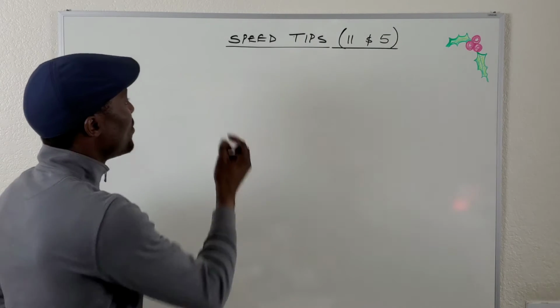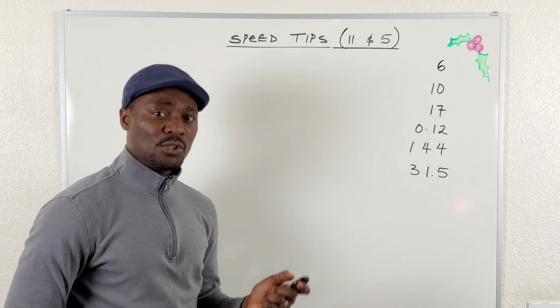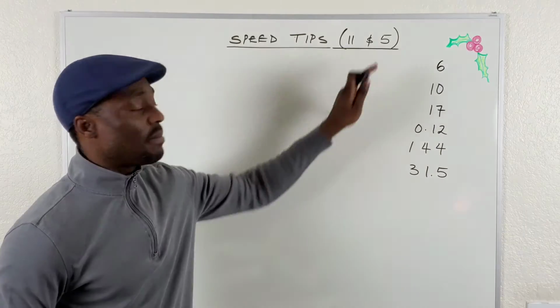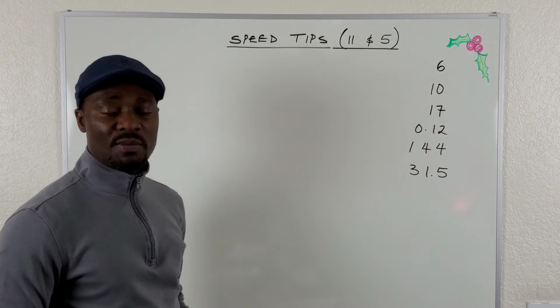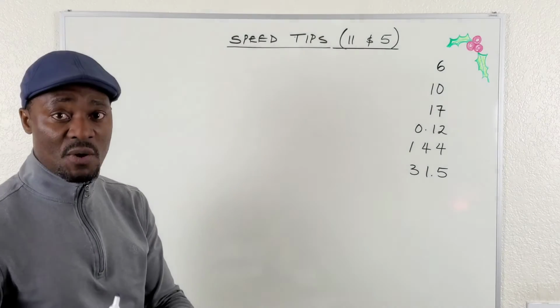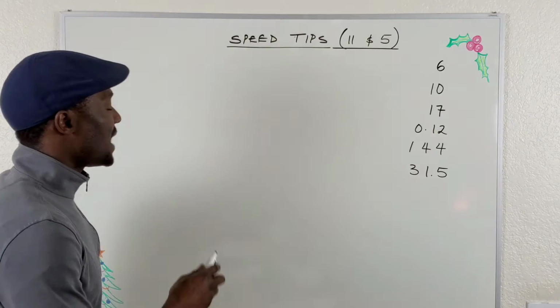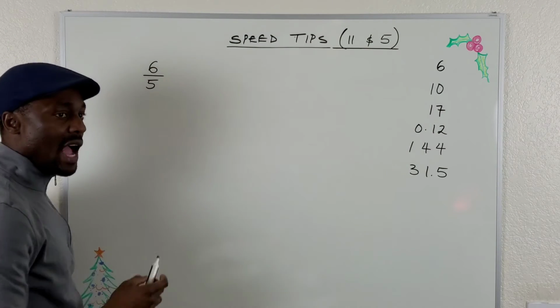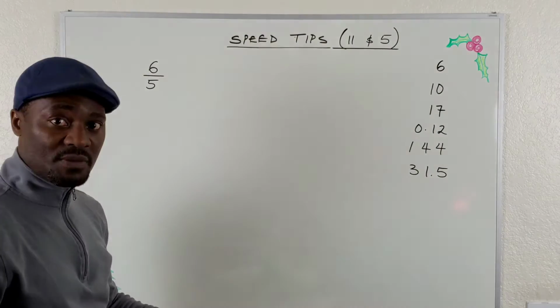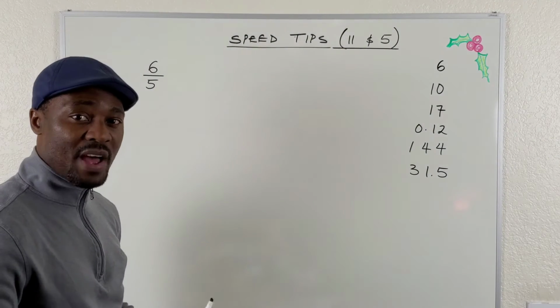So let's talk about 5 when you divide. To explain this tip for dividing by 5, I'm going to try and divide all of these numbers by 5 in the fastest way, and I will explain. Okay, so let's take the first one. I want to divide 6 by 5. I know a lot of people know it's easy to divide by 5, but I want to show you a faster way.